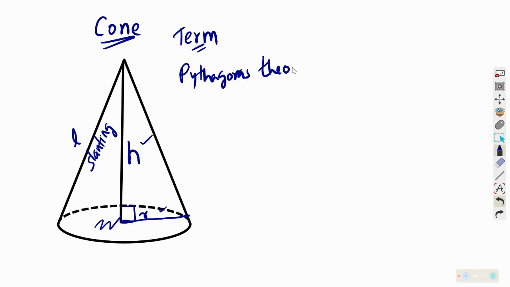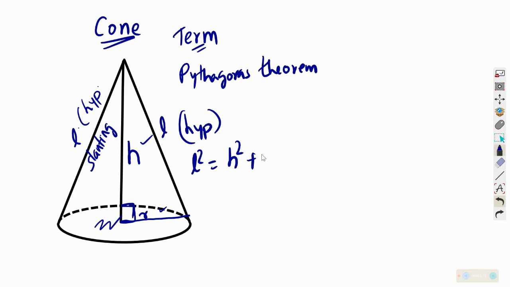Thinking that in mind, we will make an arrangement beforehand. This appears to be the hypotenuse here, correct? If you consider this as the right angle, it is a right angle. So in that case, we can write l square, the hypotenuse square, is equal to the sum of the squares of the other two sides. So please keep this in your mind.